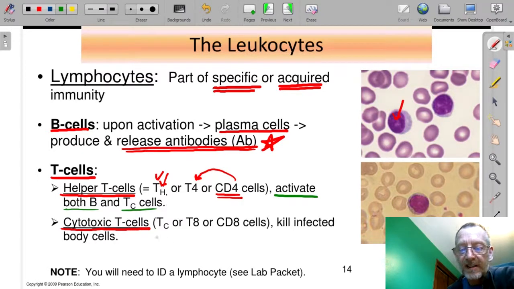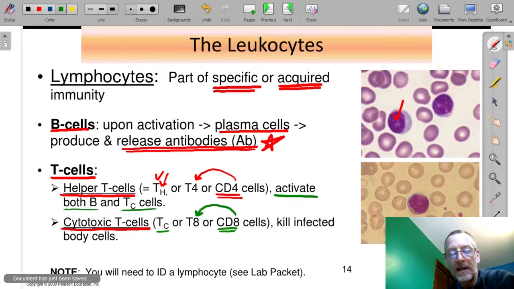So the cytotoxic T cells similarly are designated by a T sub C or the T8, which comes from a different protein on their surface, which is a CD8. So they're sometimes abbreviated as T8 cells. It's fine with me to call them T cells or cytotoxic T cells.